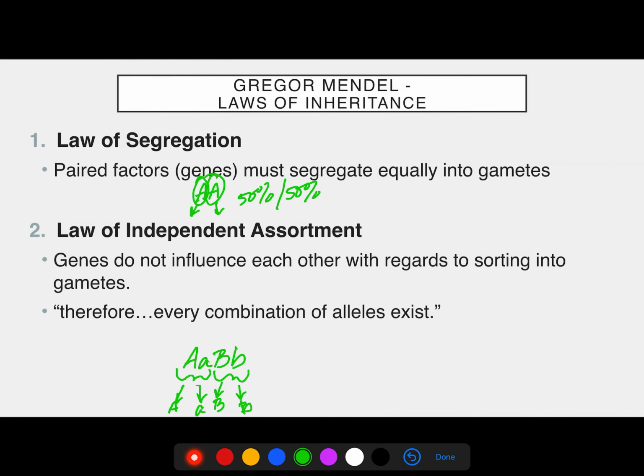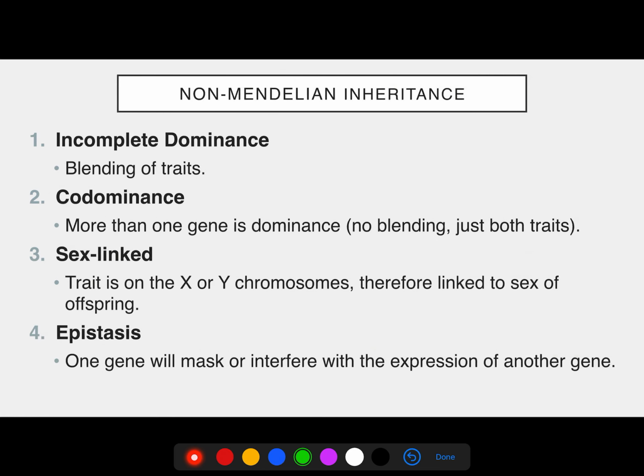So this is why we use the FOIL method in order to determine all the possible combinations of both of these sets of genes. And this is where you'll get these gametes as options, because neither one of them influences the other. So these are the 2 laws. That's how we refer to them in a definition sense.